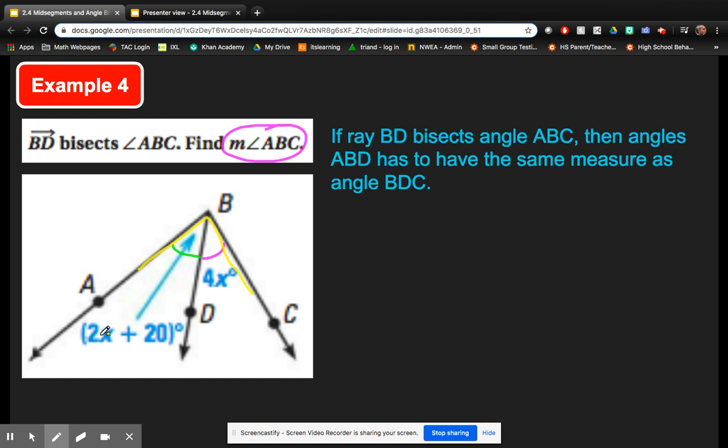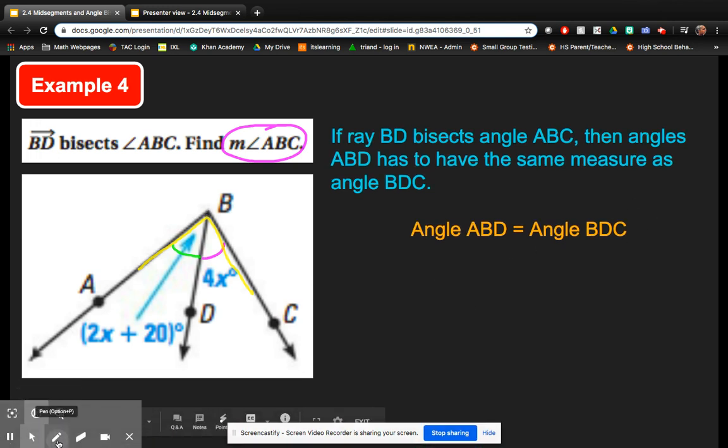I only know that ABD is 2x plus 20 and DBC is 4x. But I need to solve for x in order to figure out their actual angle measures. So I'm going to write something I know is true. I know that ABD is equal to DBC.